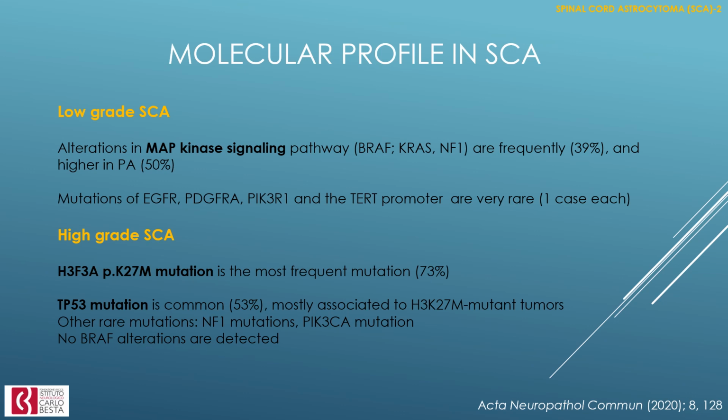Alterations in the MAP kinase signaling pathway are frequent in low-grade astrocytoma overall, and even more frequent in pilocytic astrocytoma. In the high-grade astrocytoma, the most frequent mutation is H3K27 mutation, followed by TP53 mutation, mostly associated with H3K27.